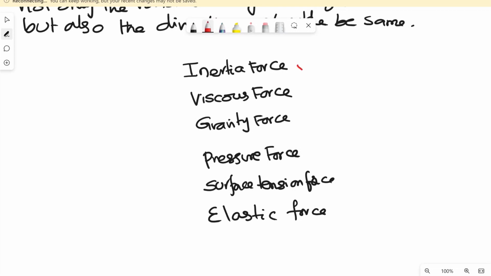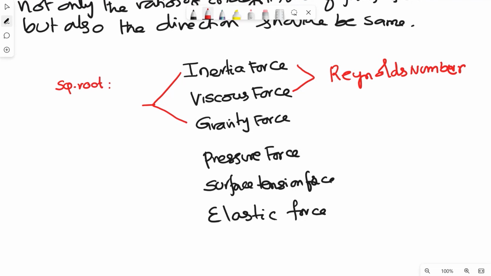If I take the ratio between inertia and viscous force, we get one dimensionless number, the Reynolds number. If we take the ratio between inertia and gravity force under square root, we call this number the Froude number. If we take inertia and pressure force, again square root, we call that number the Euler number.